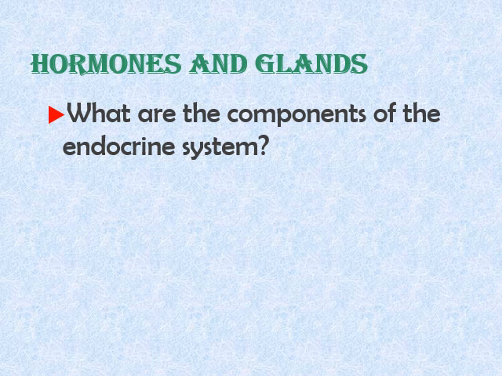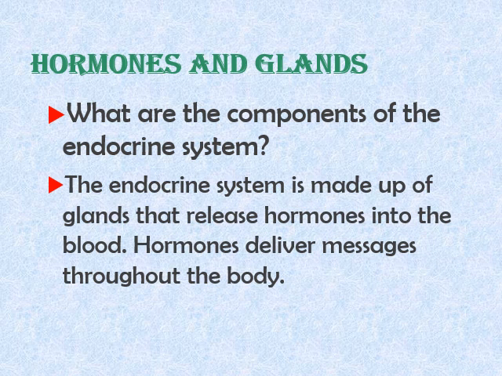What are the components of the endocrine system? The endocrine system is made up of glands, basically the endocrine glands that release hormones into the bloodstream. And the function of these hormones is to deliver messages throughout our body.